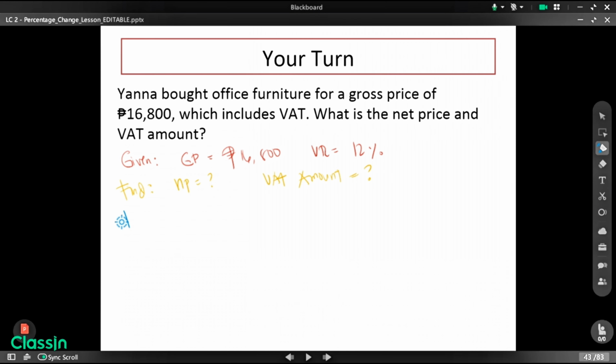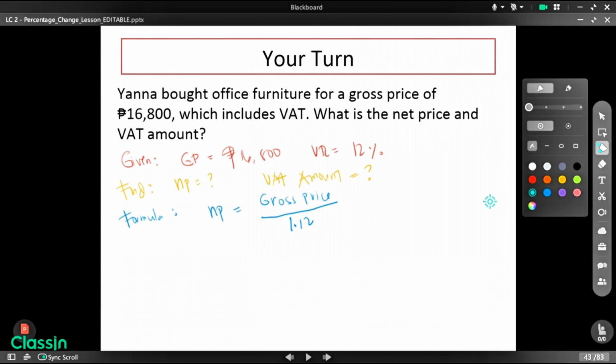So for the formula, we need to use the reverse VAT. So in order for us to get the net price, we need to divide the gross price by 1.12.